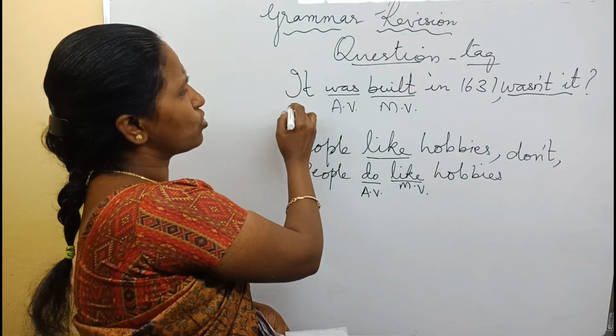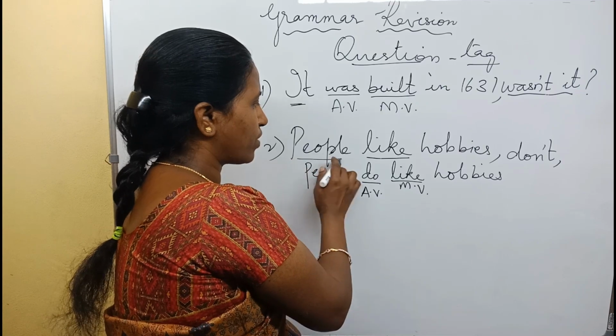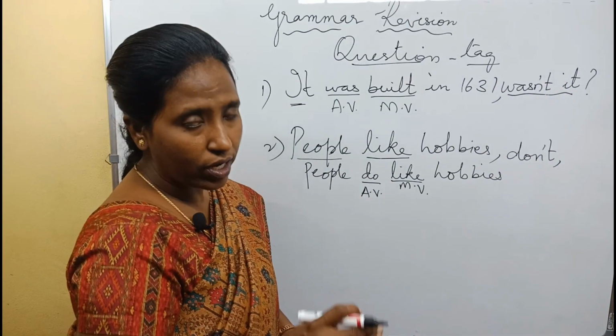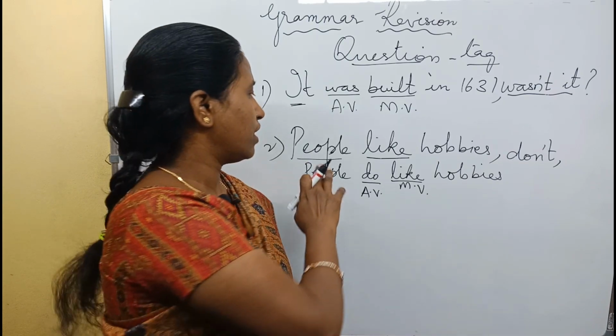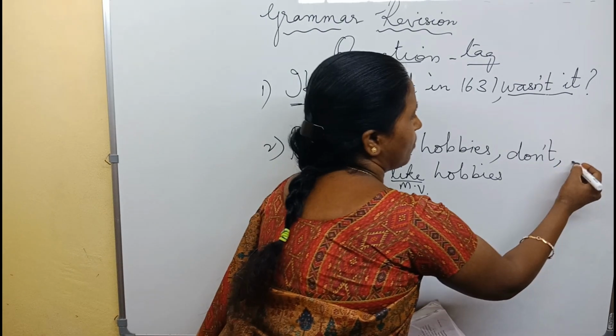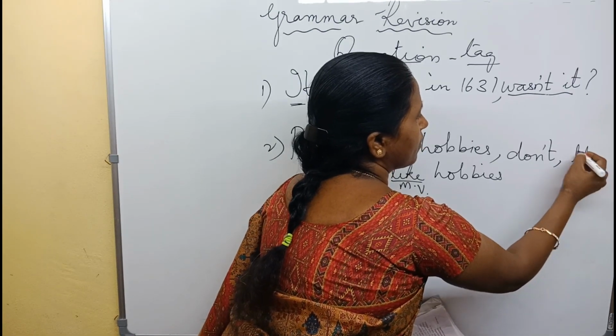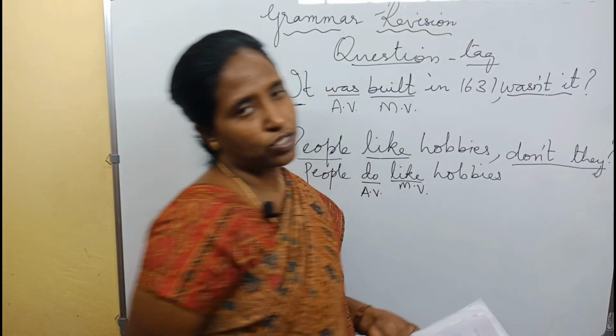In the earlier sentence you had it, which was easy for you. But now there is no pronoun here, there is a noun. For that noun you should find the pronoun. Here for people, what is the pronoun? Yes, they. Don't they is our question tag. Don't forget to put the question mark.